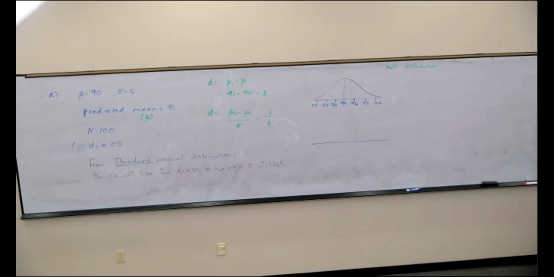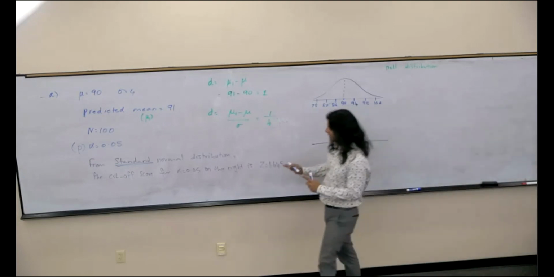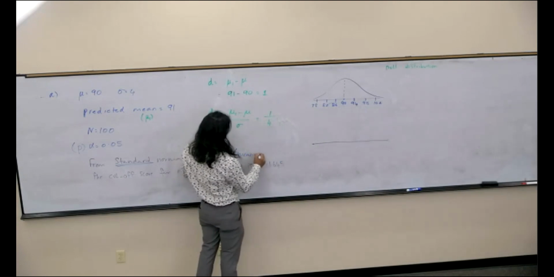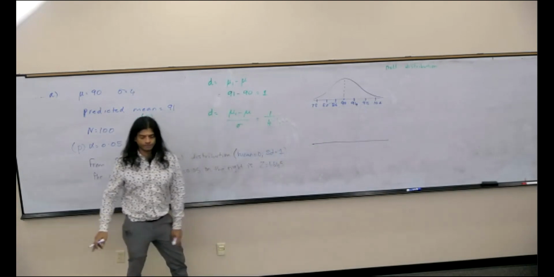The 90 would be 0. Very good. The 90 would be 0. A standard normal distribution has a mean of 0, standard deviation of 1.